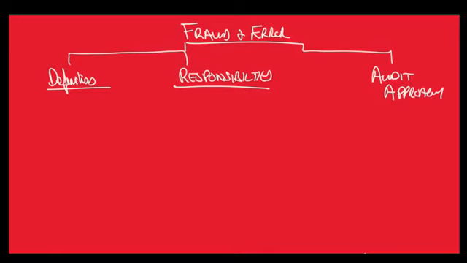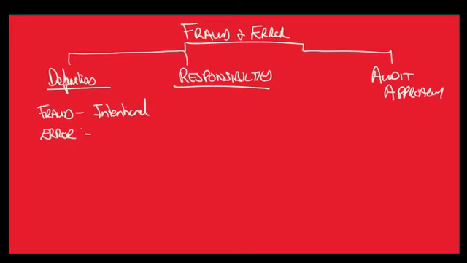Hey everybody, so fraud and error. First of all, let's get some simple definitions out of the way. The difference basically between fraud, which is intentional, and therefore would include things like corruption, stealing assets, deliberately making your financial statement show the incorrect view, and error.